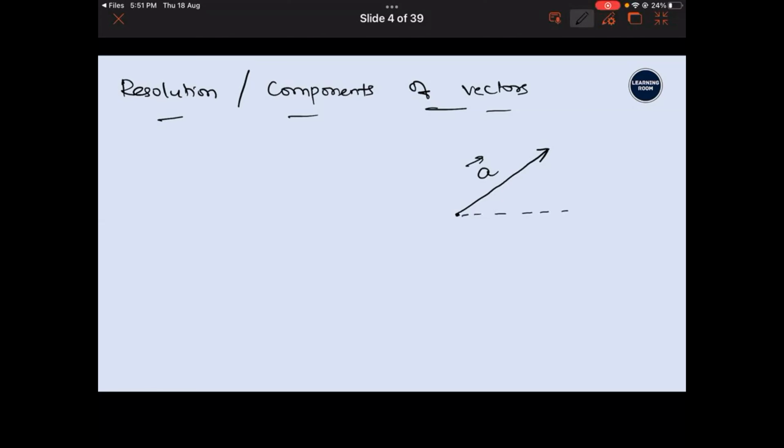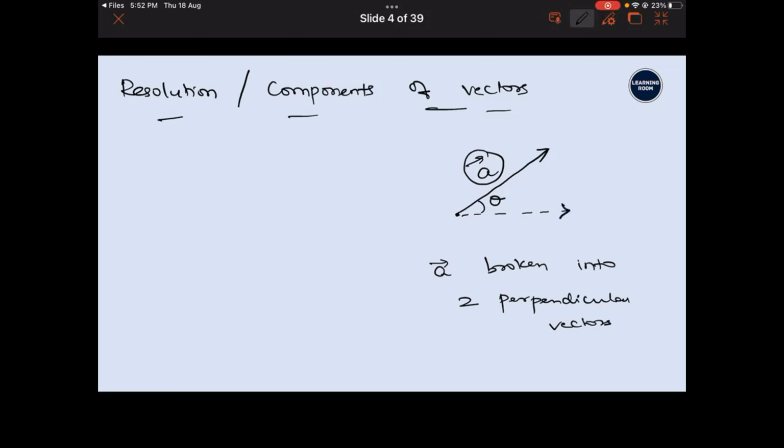If I take the angle to be theta here, then this A vector can be broken into two perpendicular vectors. So how are those two perpendicular vectors broken as?